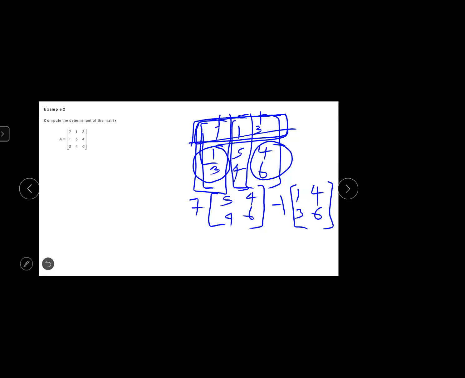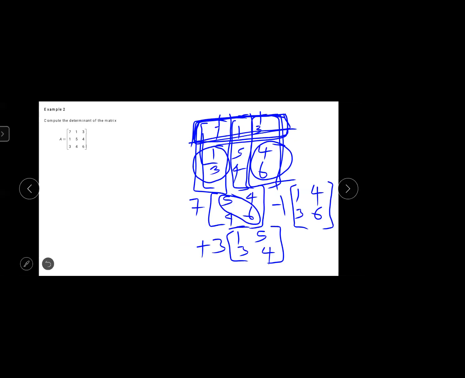The last one is +3. For +3, it means I will also cover its row and column, and what I will have is 1, 5, 3, 4. Find the determinant of this. How do you get the determinant? This times this, 5 times 6, 30, minus 4 times 4, 30 minus 16.